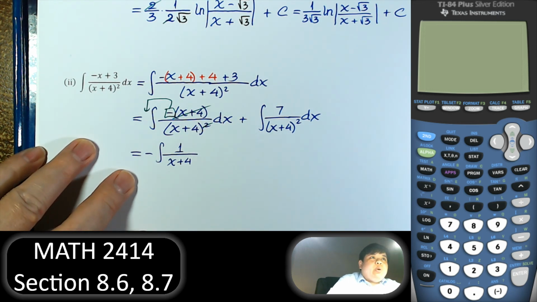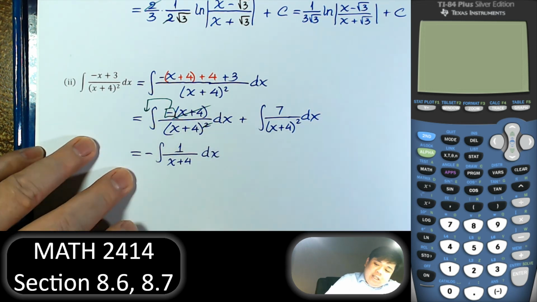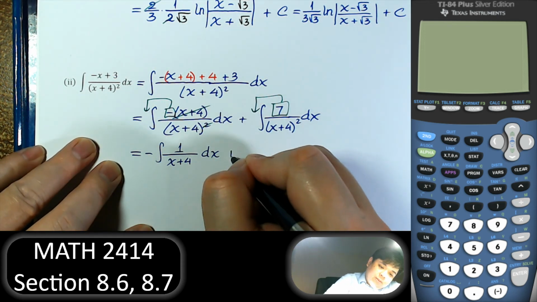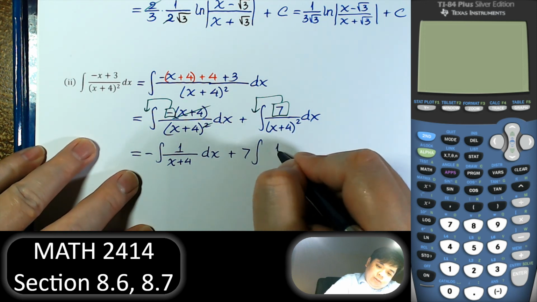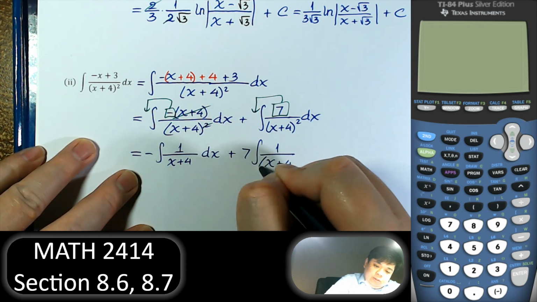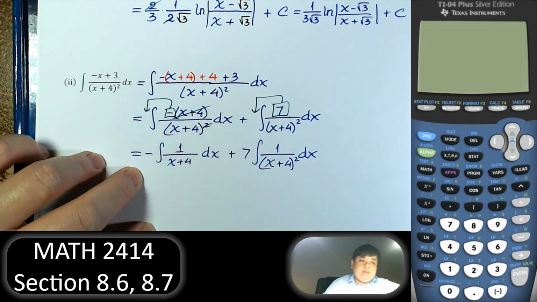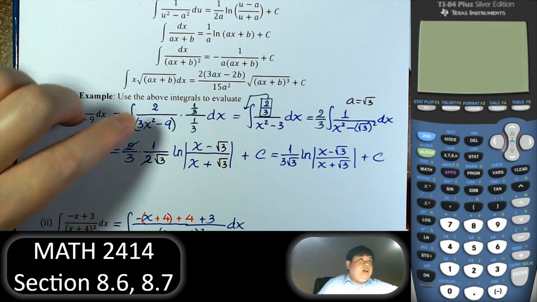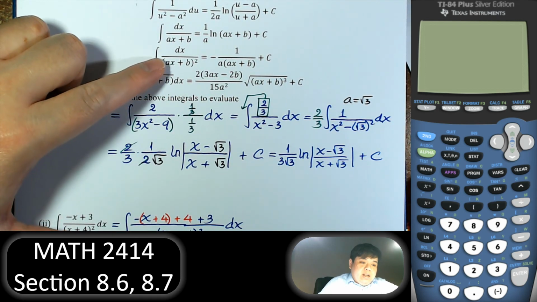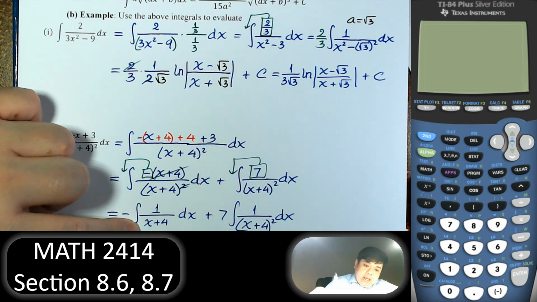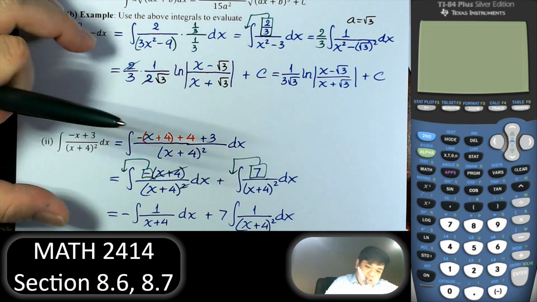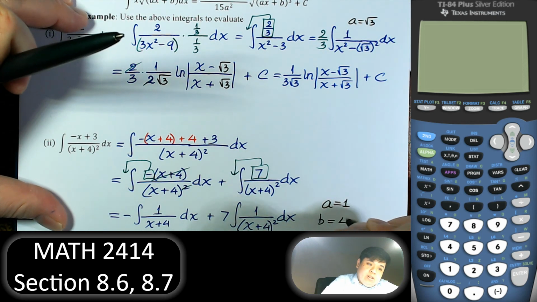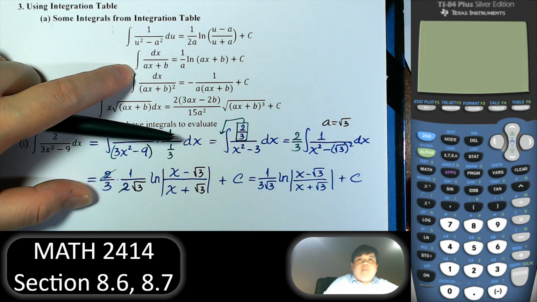We just have x plus 4. We can take the 7 outside. Right, now we can use the form, ax plus b and ax plus b. So in this example, a is 1 and b is 4.